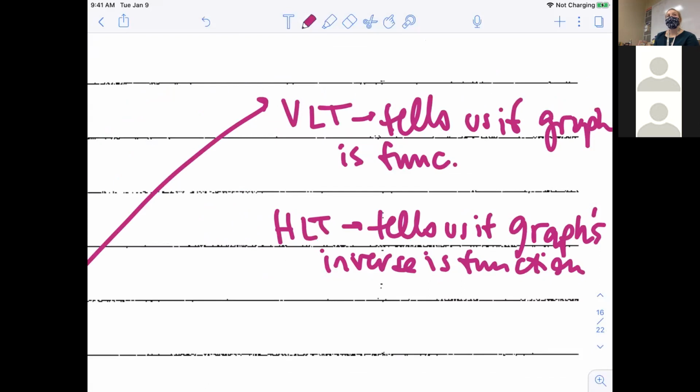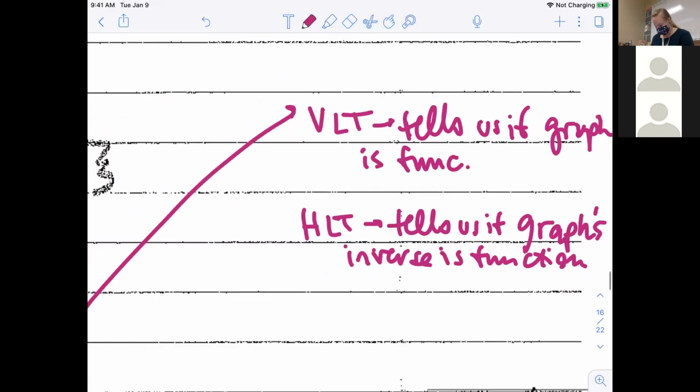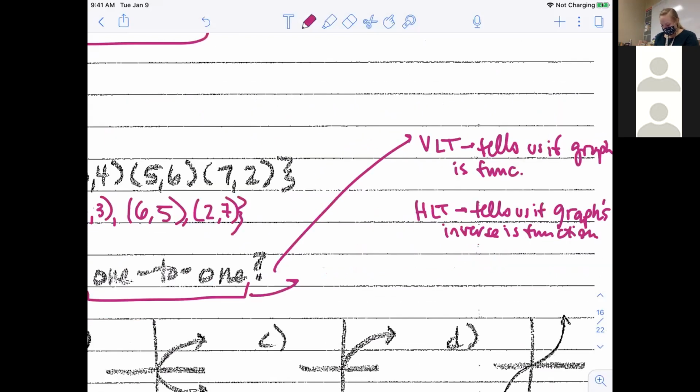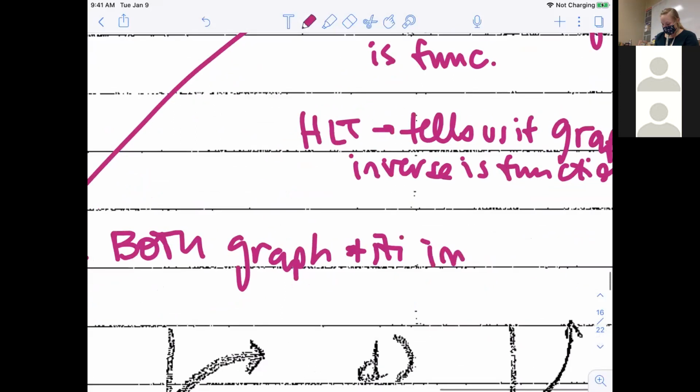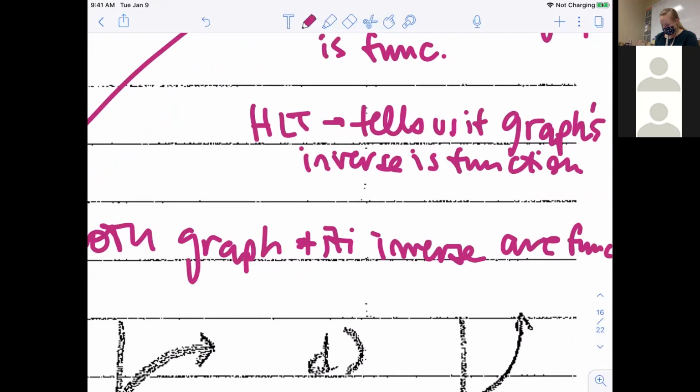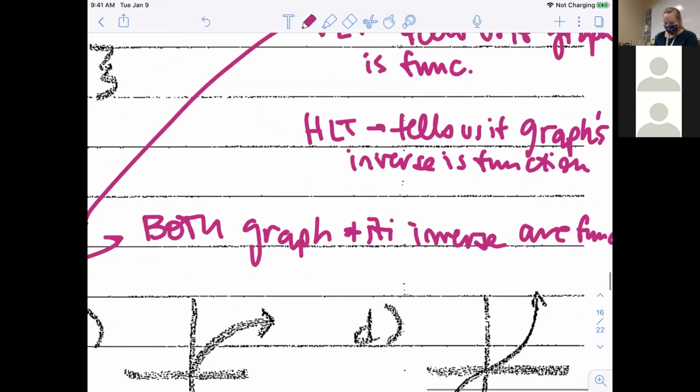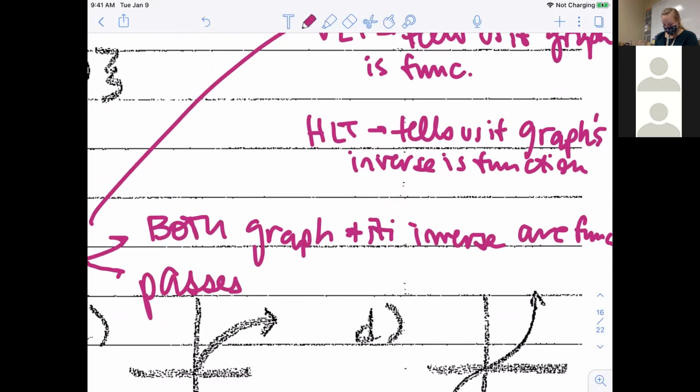The new concept is something called one-to-one, and that means it passes both tests. Both the graph is a function and its inverse is a function. It passes both the vertical line test and the horizontal line test. So one-to-one means both the graph and its inverse are functions, and it means it passes both VLT and HLT.